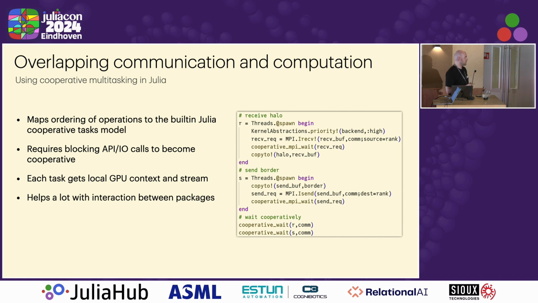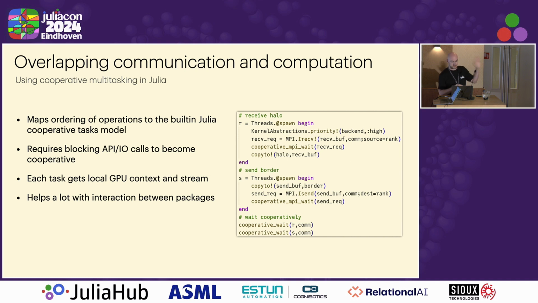In Julia, recently all the packages have started to more and more leverage these cooperative multitasking capabilities. So they map the ordering of operations to the built-in Julia cooperative tasks model, and currently all the GPU backends support this. And MPI, to a certain extent, also supports this. Maybe there's not enough syntactic sugar, but you can work around this.